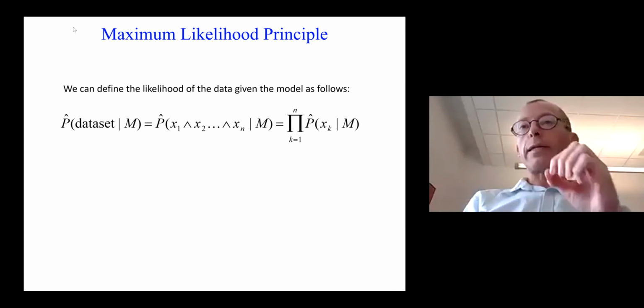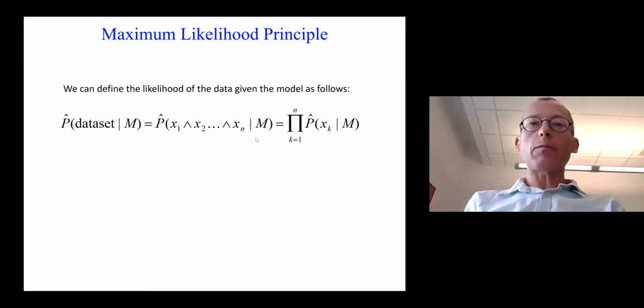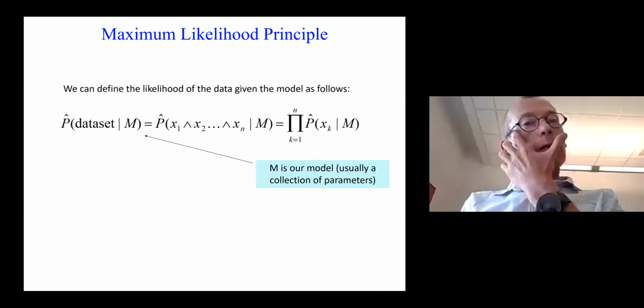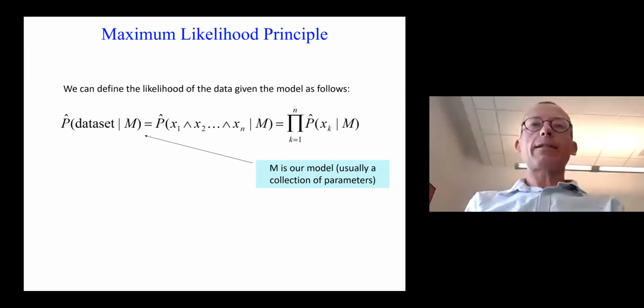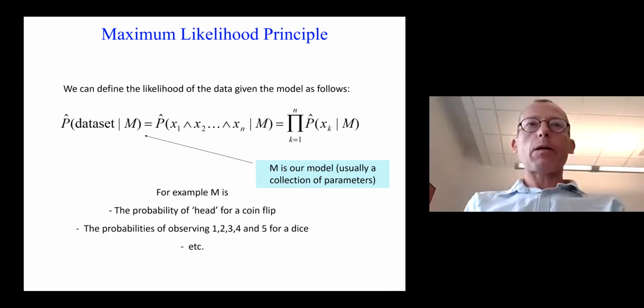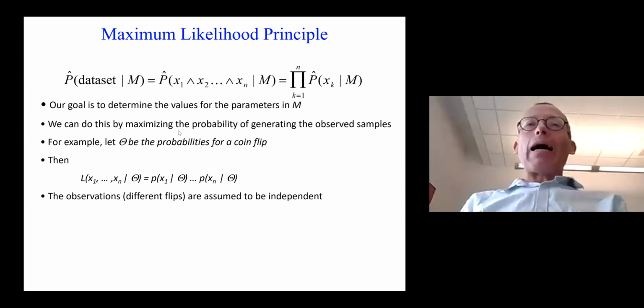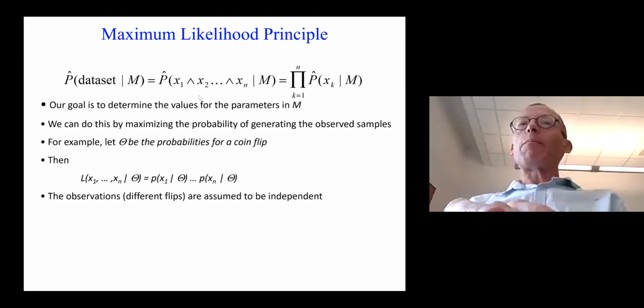Okay, so given that this is the likelihood, M could be the probability of heads or the probability of a die and so forth. So now, the next step is something called the maximum likelihood principle.